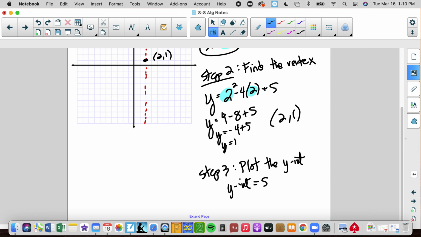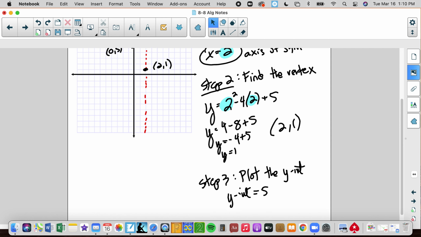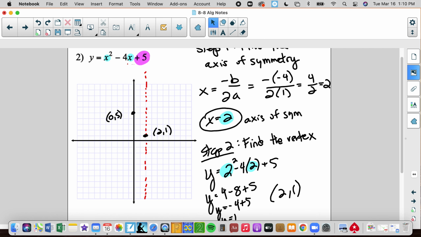is equal to 5. Now, because I know this line of symmetry is symmetrical, meaning there's a mirror component to this point. So if this point is 2 away from the axis of symmetry, its mirror point is going to be 2 away on the other side.